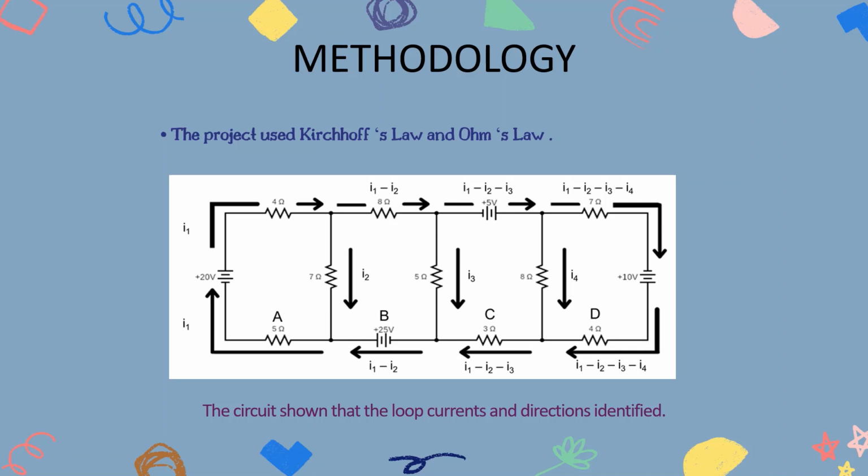For example, the voltage across the 8 ohm resistor would be I1 minus I2 multiplied by 8 ohms. There are 4 clockwise loops in this circuit: Loop A, Loop B, Loop C and Loop D. If the direction of the resistor is opposite to the direction of the current, the term IR will be positive. So we need to find the values of I1, I2, I3 and I4.